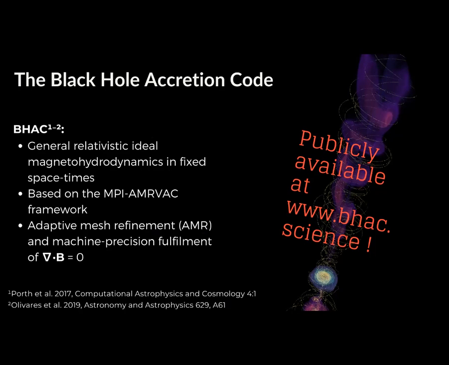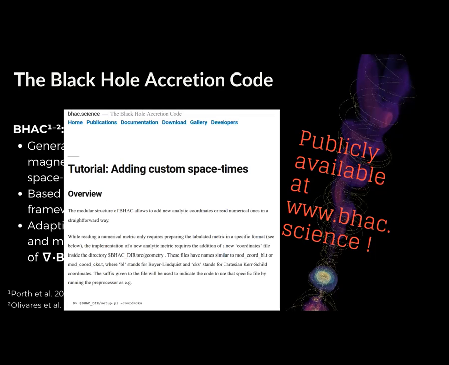The structure is very modular, and there is only a single place where one has to enter the metric components. The derivatives are calculated automatically using numerical methods. And there is even a tutorial on how to add custom spacetimes. I have to say that this is not publicly online, but I can give it to anyone that is interested upon request.